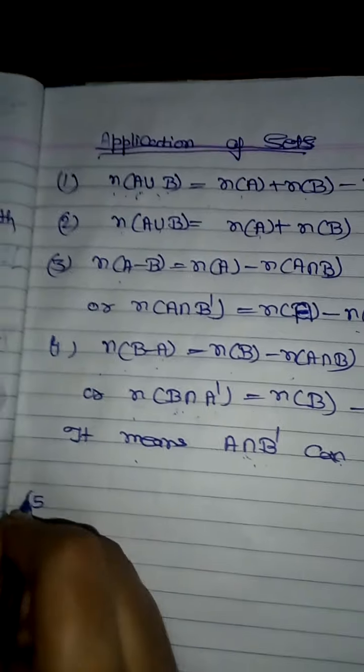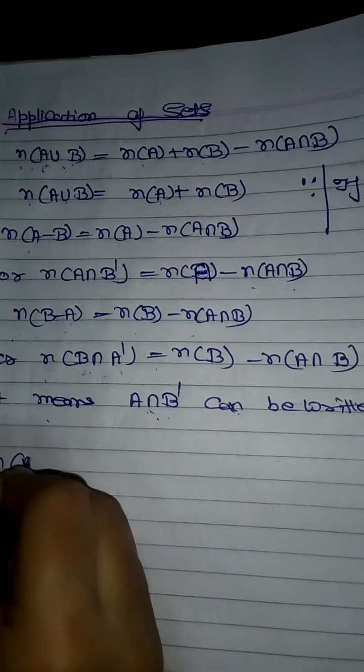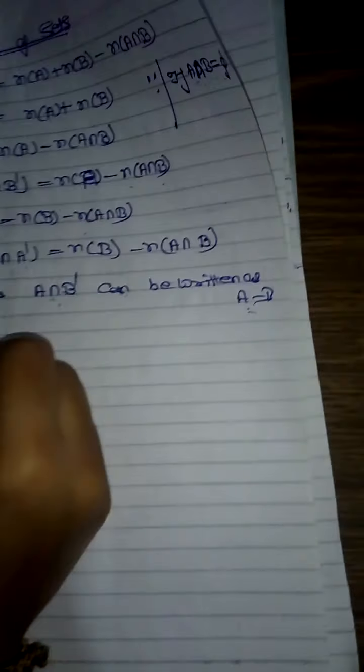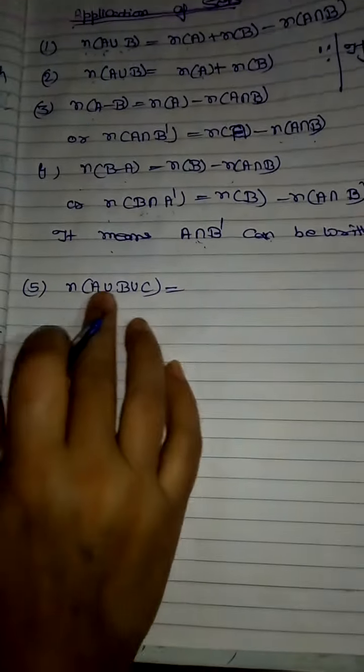The fifth formula is n of A union B union C, the combined elements of three sets.